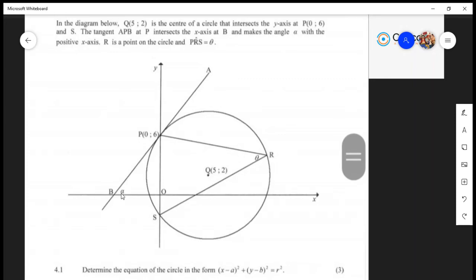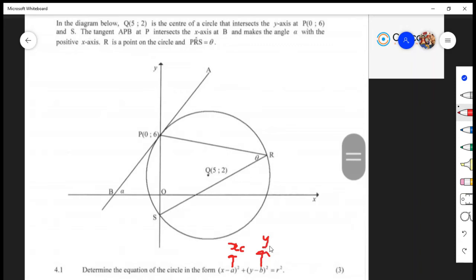Okay, so the first question: determine the equation of the circle in the form (x minus a) squared plus (y minus b) squared equals r squared. In order to substitute into this formula, remember our value of a is our x value of the center point, and our value of b is our y value of the center point.